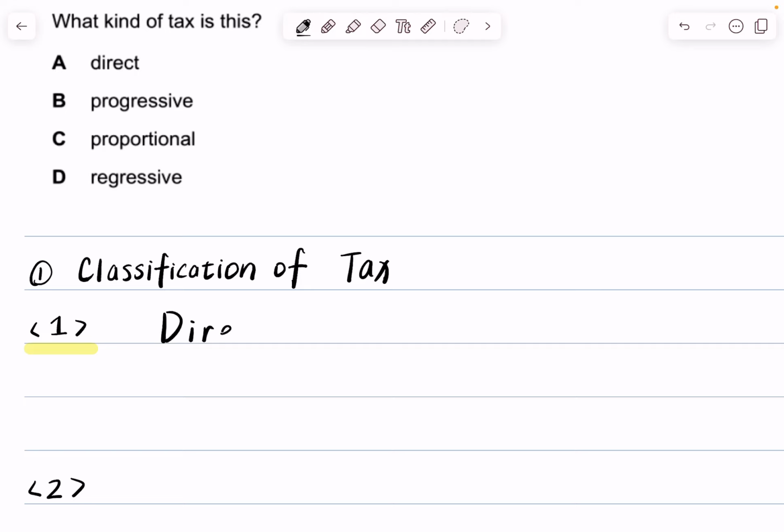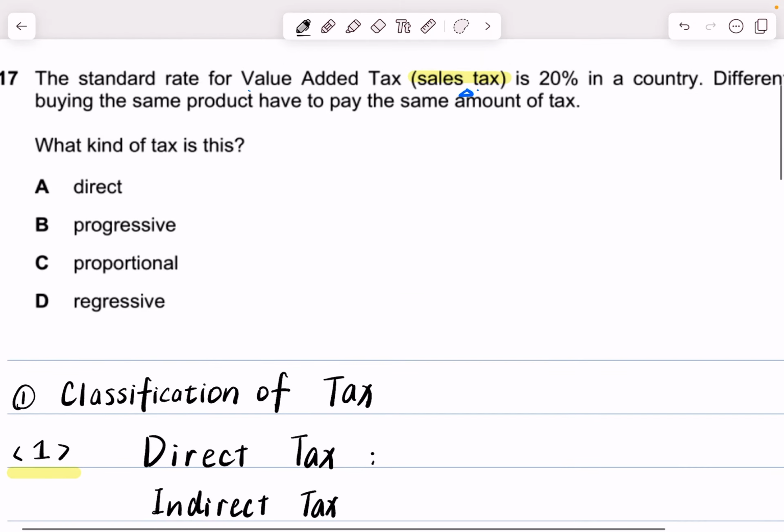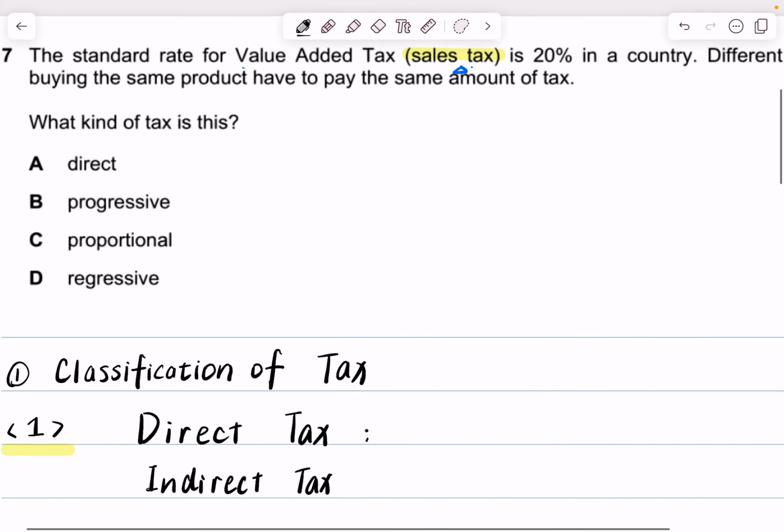direct tax and indirect tax. For example, income tax is direct tax, and something related to sales or service or goods is indirect tax.